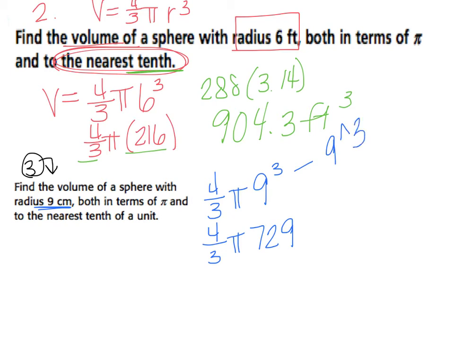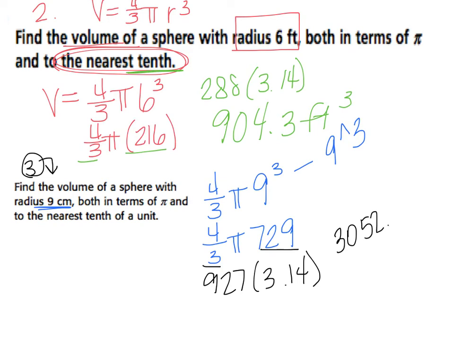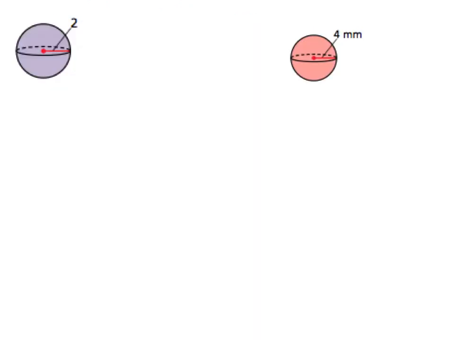That gives you your answer. I'm then going to multiply 4/3 by 729, which gives me 972, times 3.14. And I'm going to round to the nearest tenth, and I should get 3,052.1 centimeters cubed. That's my final answer.